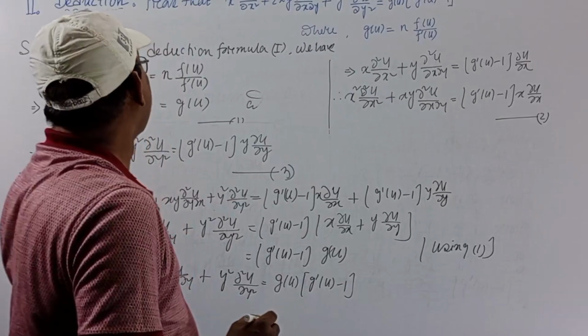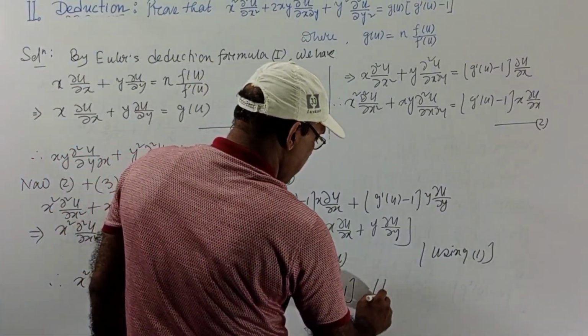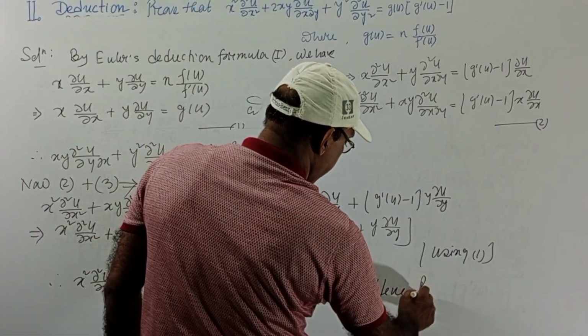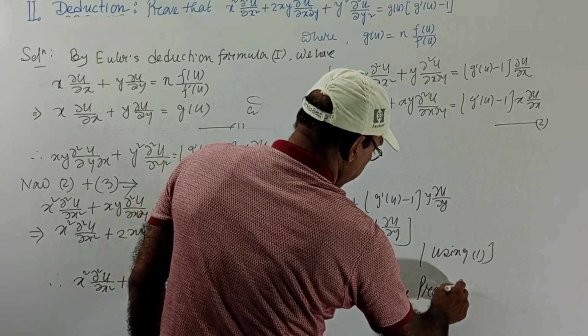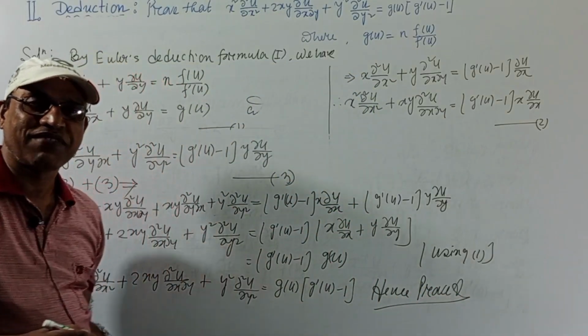We get our proof. Hence proved. This is the proof. Very easy, very nice.